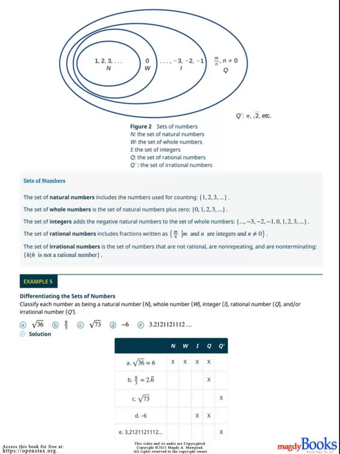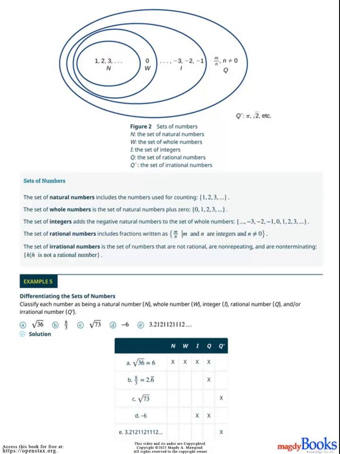Example 5. Differentiating the sets of numbers. Classify each number as being a natural number, N, whole number, W, integer, I, rational number, Q, and/or irrational number, Q's complement. A. Square root of 36. B. 8 over 3.